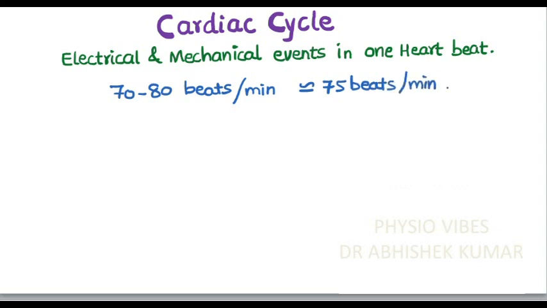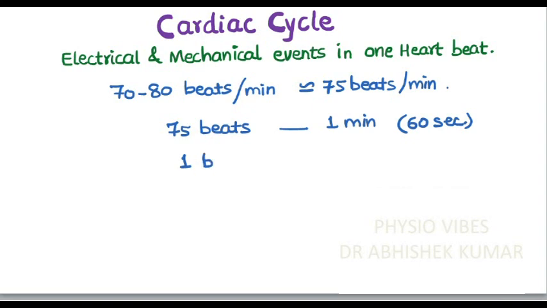In other words, for 75 beats, it takes around 1 minute, or 60 seconds. Therefore, for one beat to occur, that is, for our heart to beat a single time, it takes around 60 by 75 seconds. That is equal to around 0.8 second.